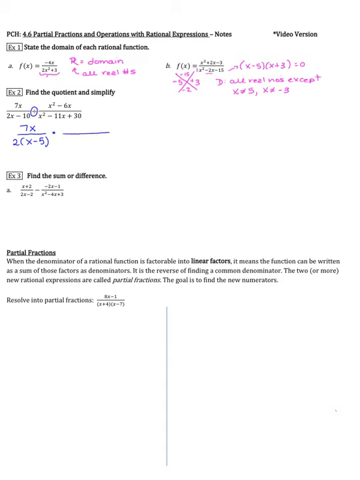So the numerator from that second one goes downstairs, and I'm going to factor out an x. And the denominator now is going to go upstairs. So what times what is 30, but adds up to a negative 11? So that would be a negative 5 and a negative 6.